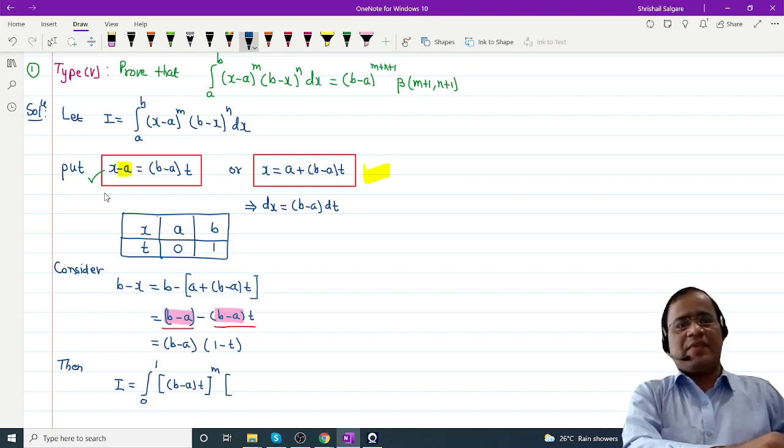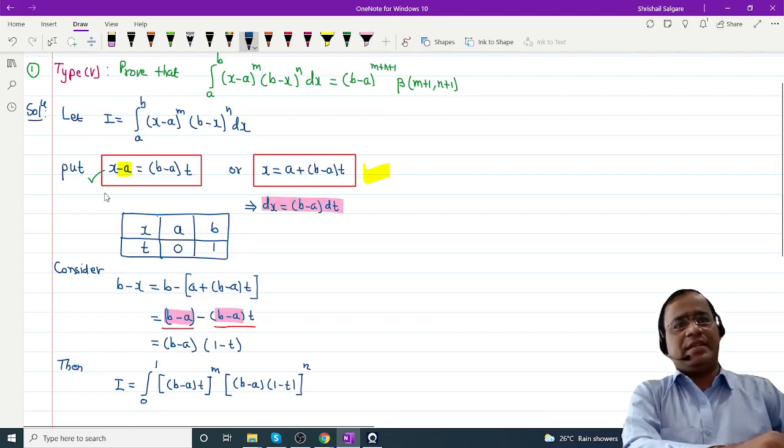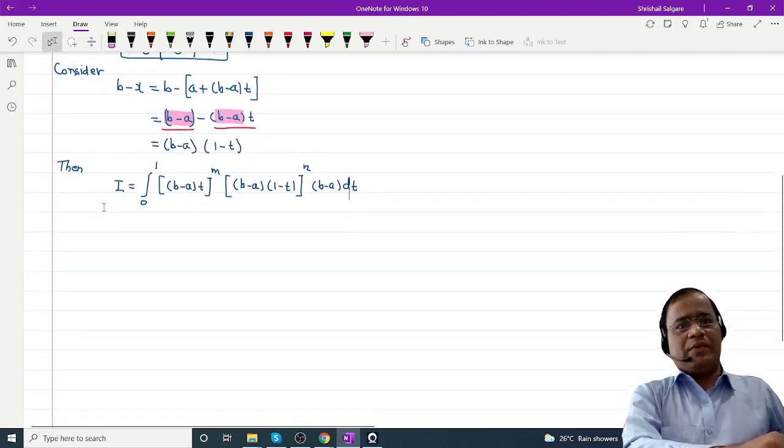The second factor, which you have simplified in multiplied form, is (b minus a) into (1 minus t), that whole bracket raised to n. And the value of dx we have calculated: dx is (b minus a) into dt.